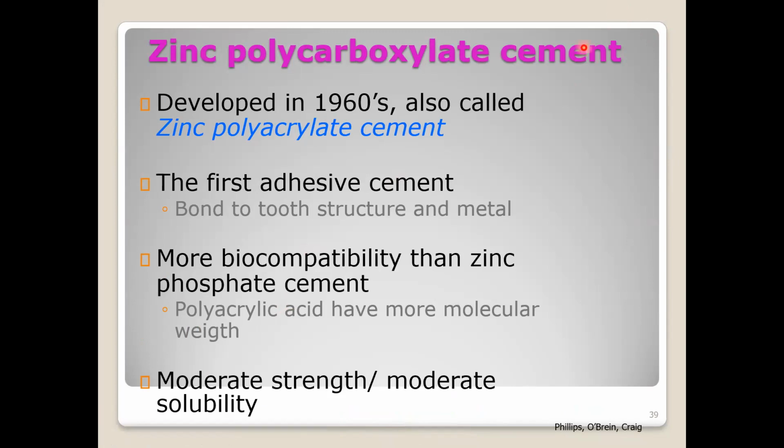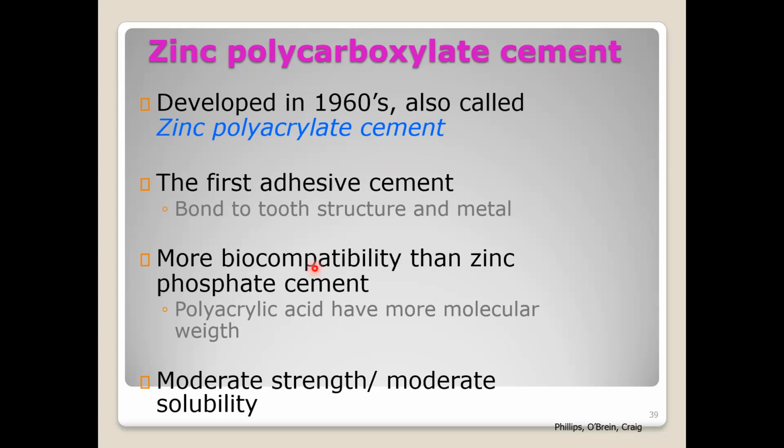Polycarboxylate cement is also called as polyacrylate cement. Why? Because the functional group is COO minus, which is also called as polyacrylate or polyacrylic acid cement. So it was the first adhesive cement to bind to the tooth structure and metal. It is more biocompatible than zinc phosphate cement.